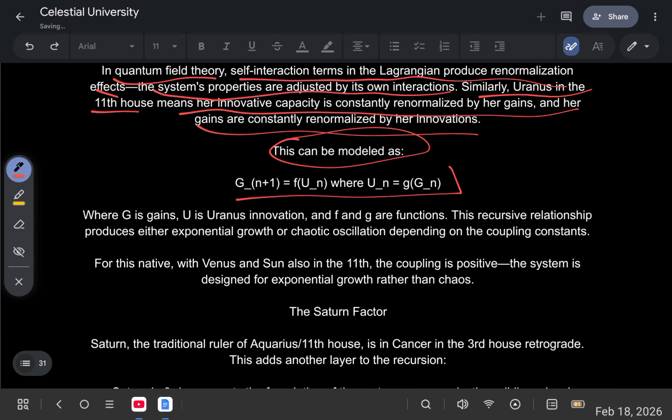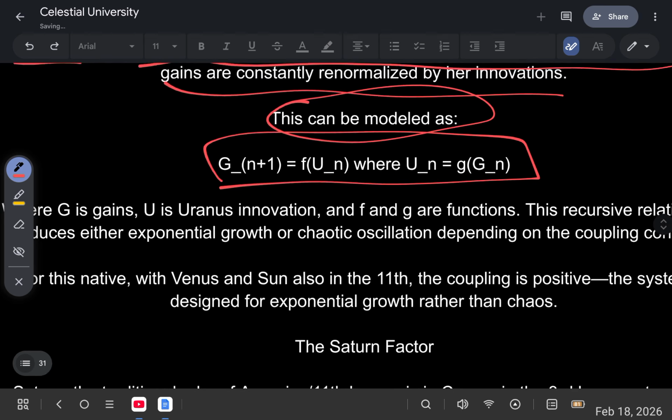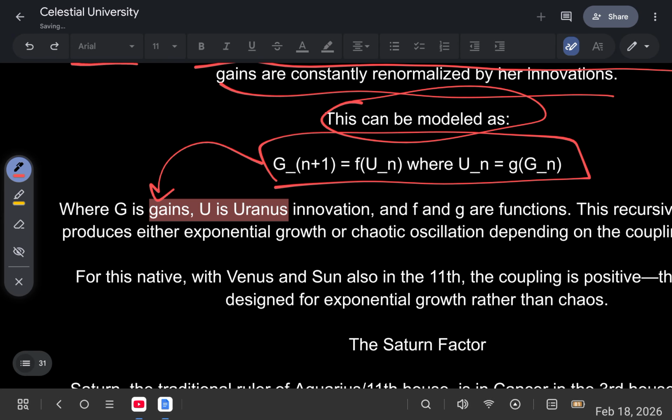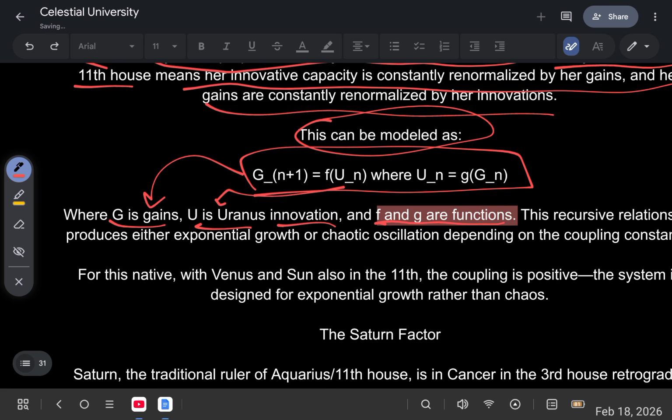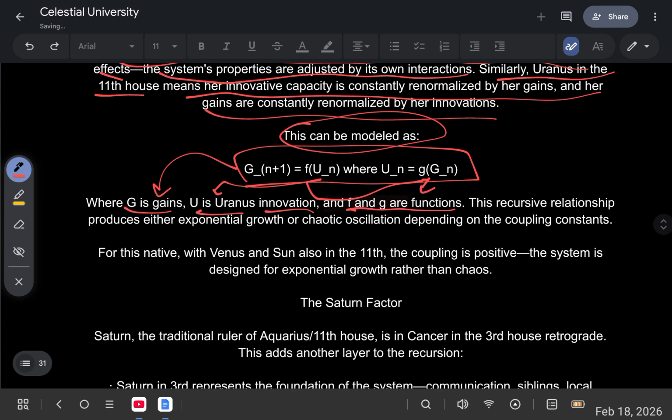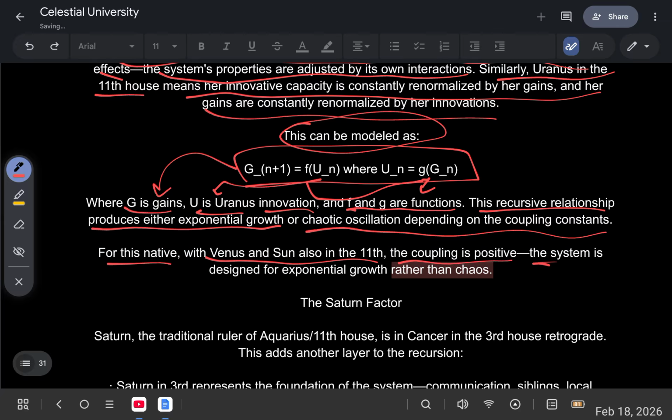It may look complicated, but G is literally just gains, and U is Uranus, innovation, and F and G are functions. This recursive relationship produces either exponential growth or chaotic oscillation depending on the coupling constants. For this native with Venus and Sun also in the 11th, the coupling is positive, and the system is designed for exponential growth rather than chaos.